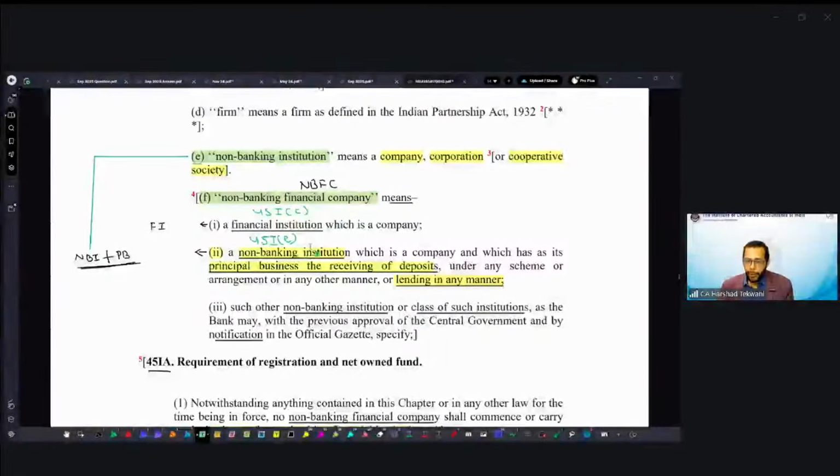Now, one question I have, sir: is a multi-state cooperative society an NBFI? Yes, absolutely. A multi-state cooperative society can also be an NBFI, and if they are into the principal business of receiving deposits and lending in any manner, it will be an NBFC. Why will it not be a financial institution?